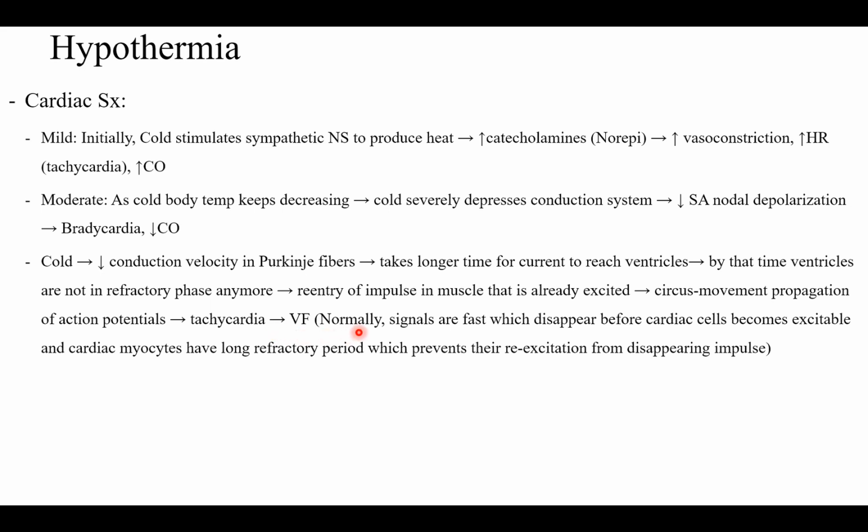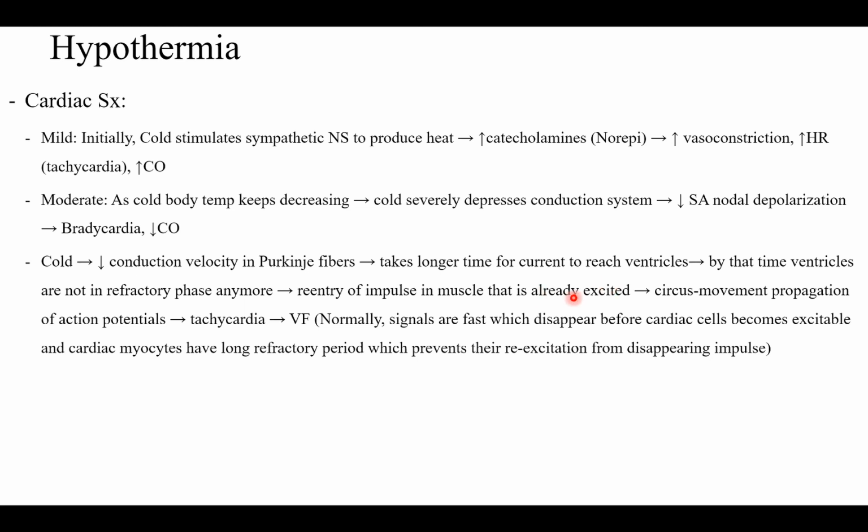Normally, you can recall the signals are fast in the heart, which disappear before cardiac cells become excitable, and cardiac myocytes have a long refractory period, which prevents re-excitation from the impulse. However, when you have decreased conduction velocity, it takes a longer time for the current to reach the ventricles, and by that time their refractory period is already gone.